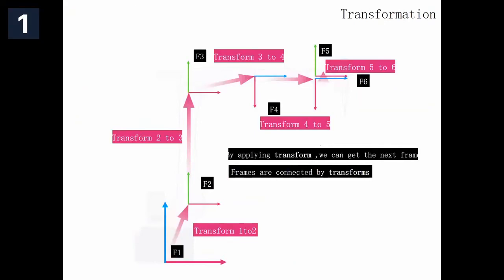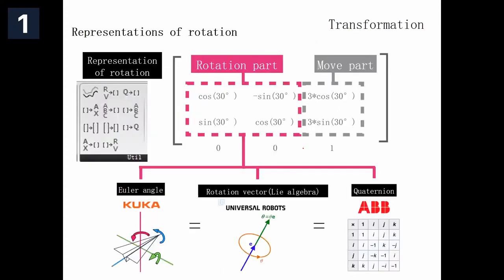So yes, this is the same thing I have already said. Another thing is there are four kinds of rotation representation in robotics. KUKA uses Euler angle.